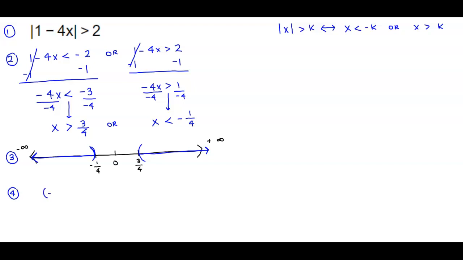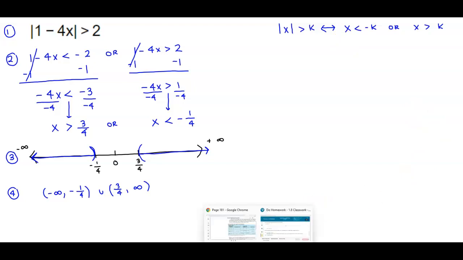We have parenthesis negative infinity, comma, negative 1/4, union 3/4, comma, positive infinity. Let's go ahead and put that in there.